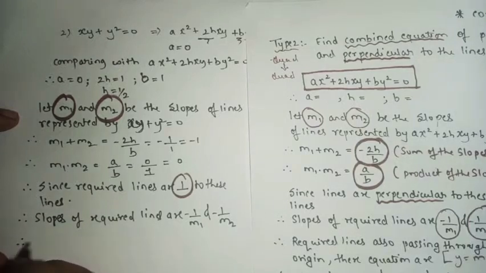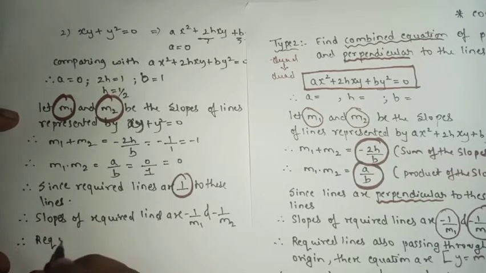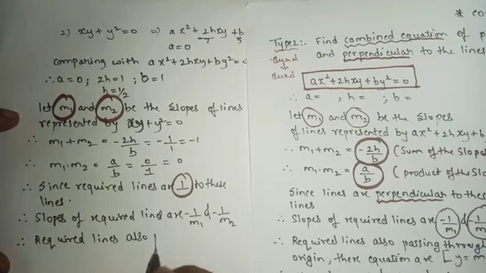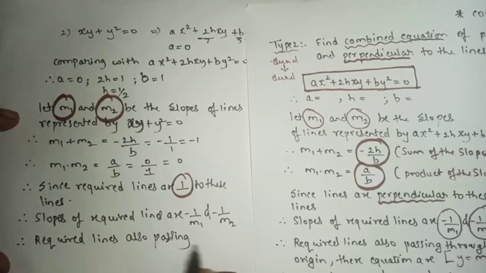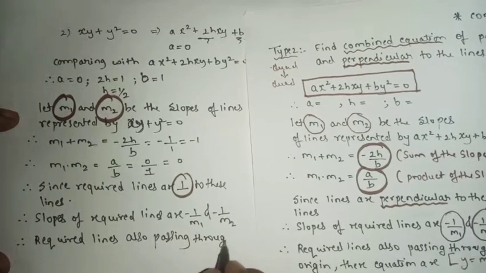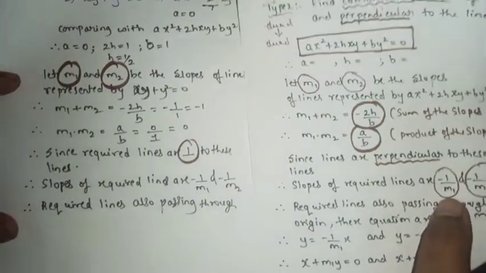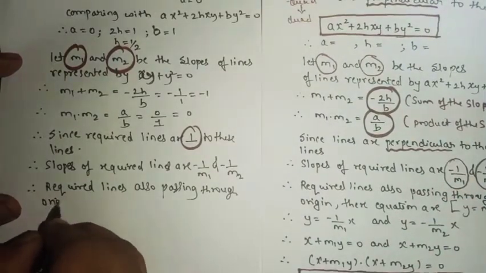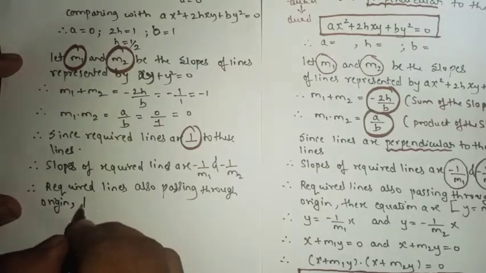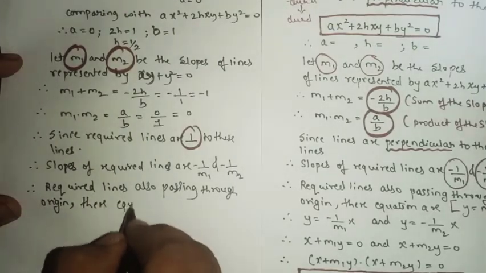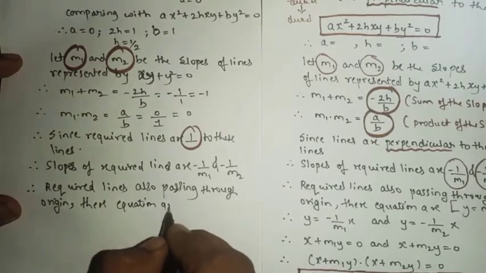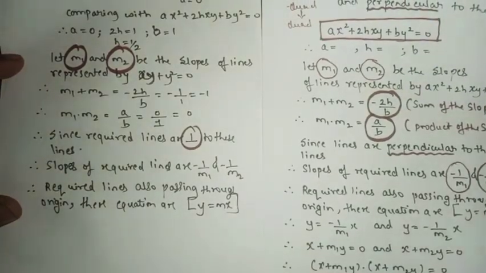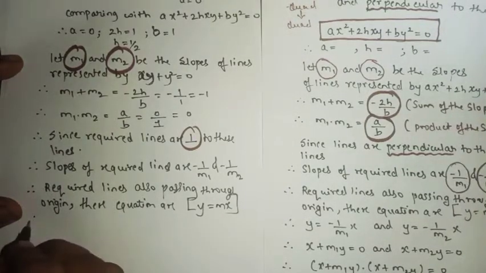So therefore next step you will write: required lines also pass through the origin. When passing through the origin, the equation can be written as y equal to mx. We'll apply this formula two times.